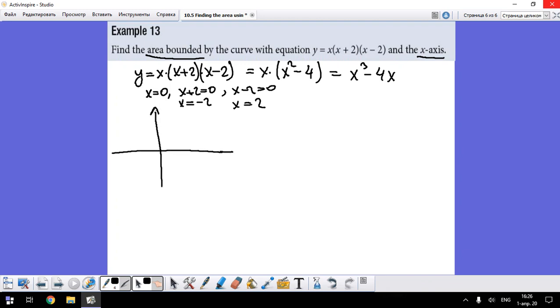This is the y coordinate, this is the x coordinate. Let's put the numbers on the x coordinate: this is 2, and there should be minus 2. So what should our graph be? The approximate graph will be one that passes through these x-intercepts. So we need to find these areas.